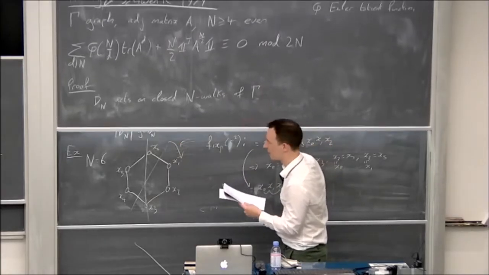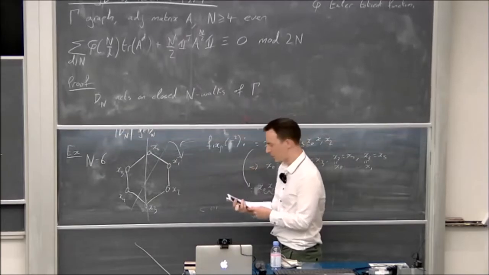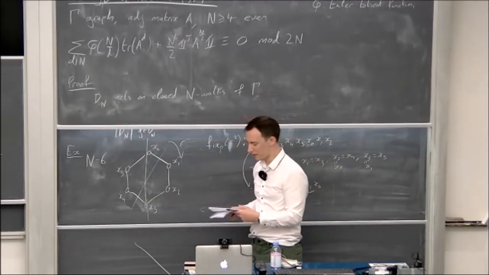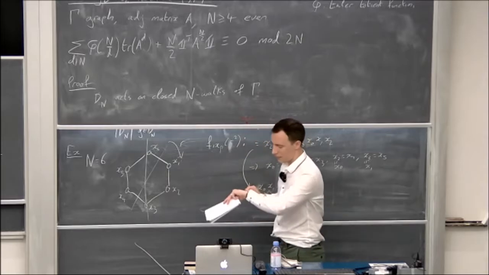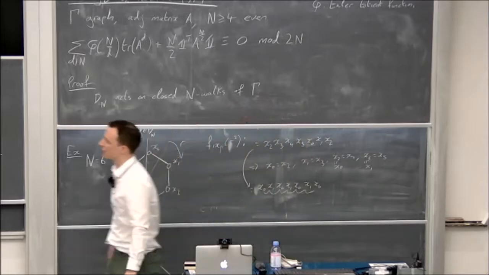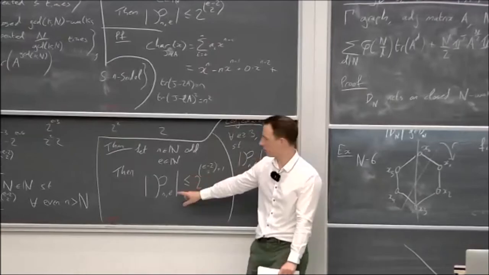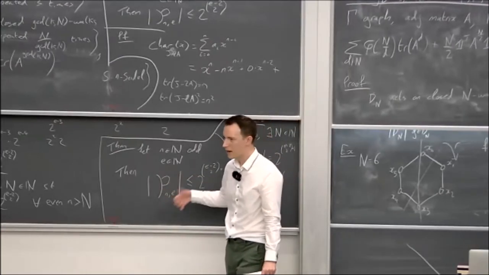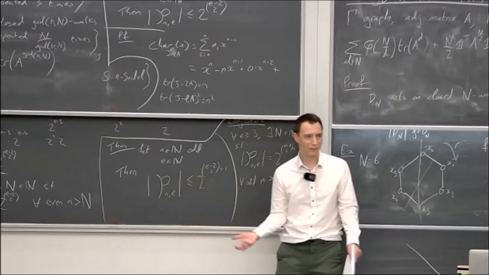Okay, so that's a really nice tool that maybe you haven't seen before, since I find it very difficult to find this result. And it allows us to prove this upper bound for the cardinality of congruence classes of characteristic polynomials of Zeta matrices.